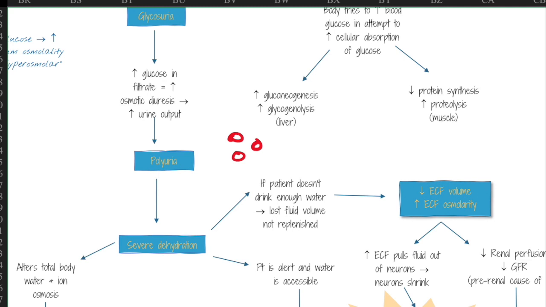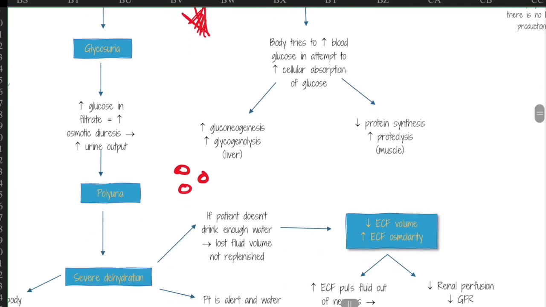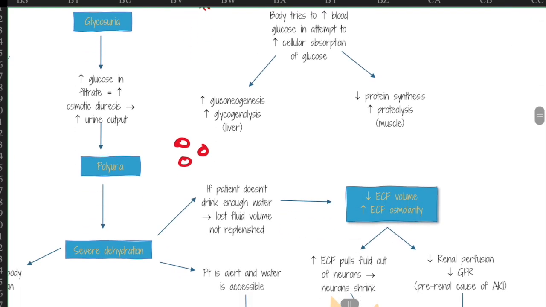Because you have all of that glucose in your fluids, so we're talking about the amount of glucose that has been reabsorbed, which is very high, right? Some of it has gone out in the urine, which is not supposed to happen. So that's a sign right there when you see, oh, there's glucose in the urine. But the rest of that glucose that's gone back into the blood is going to pull fluids. In other words, it's going to cause osmotic diuresis.